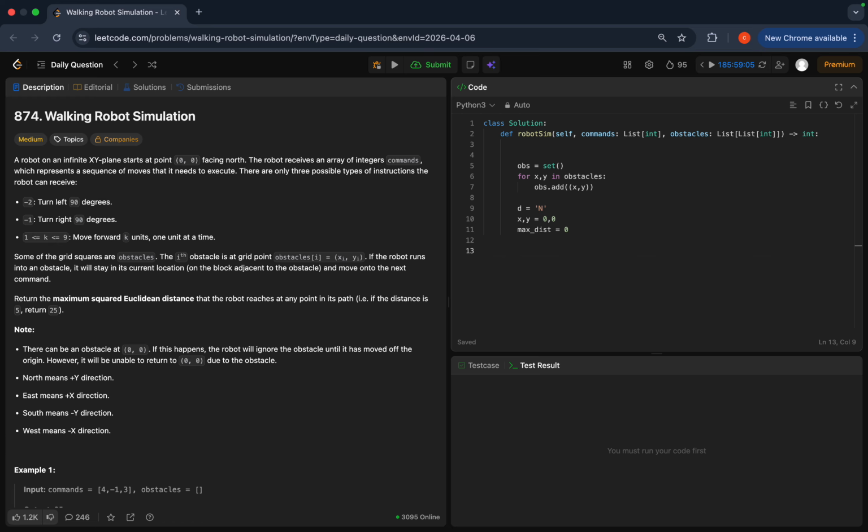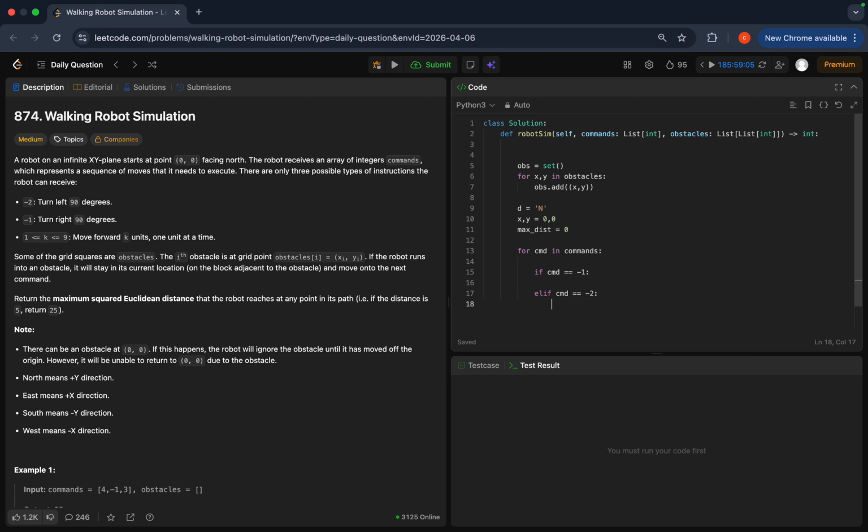So now we will operate based on commands. So for command in commands, if command is equal to -1, and then elif command is equal to -2.